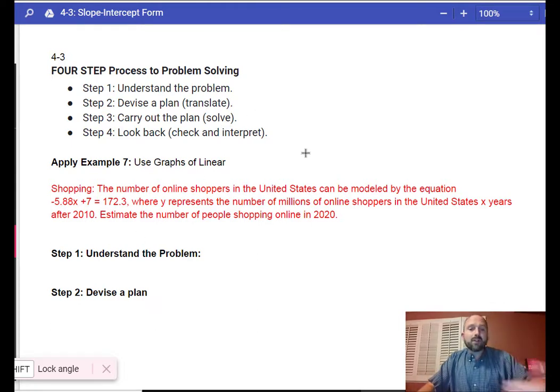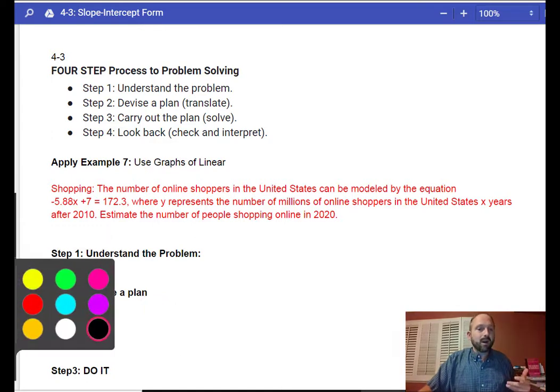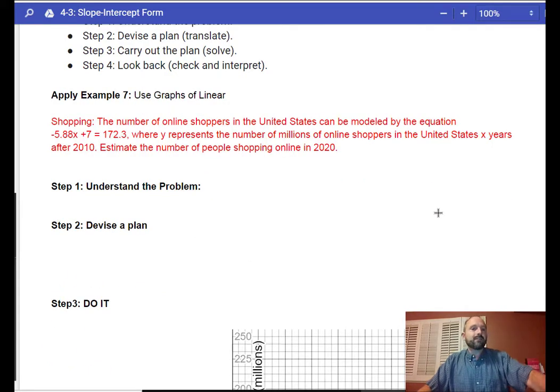Shopping. The number of online shoppers in the United States can be modeled by the equation -5.88x plus 7 is equal to 172.3. All right, give me a second. All right, I see the error. There should be a y right there from the book.